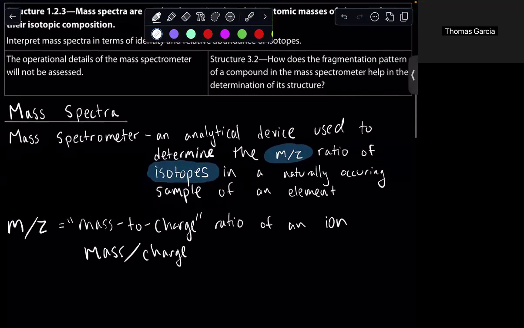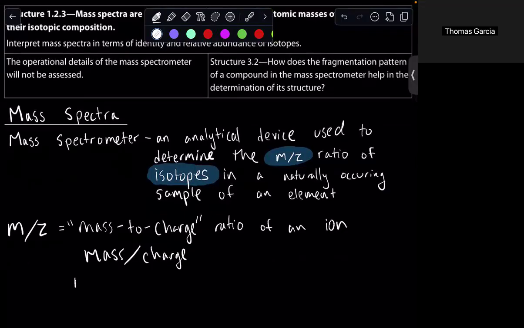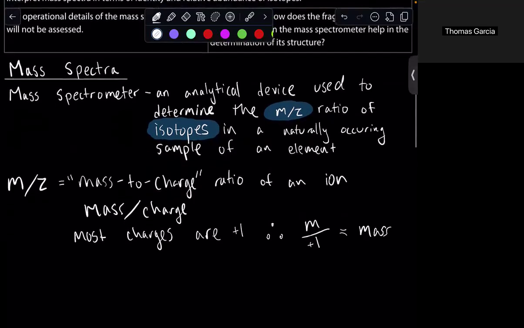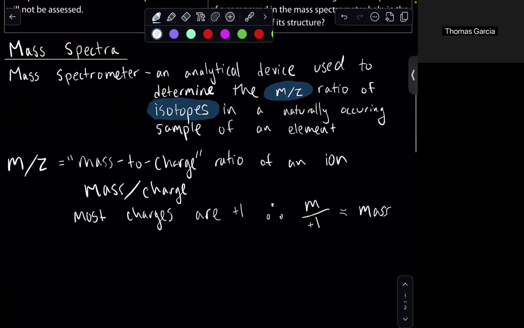And within mass spectra, most charges are plus one. Therefore, mass divided by plus one is just mass. So usually when we do an MZ, it gives us the mass of the ion. And we're saying the relative atomic mass or even the mass number.